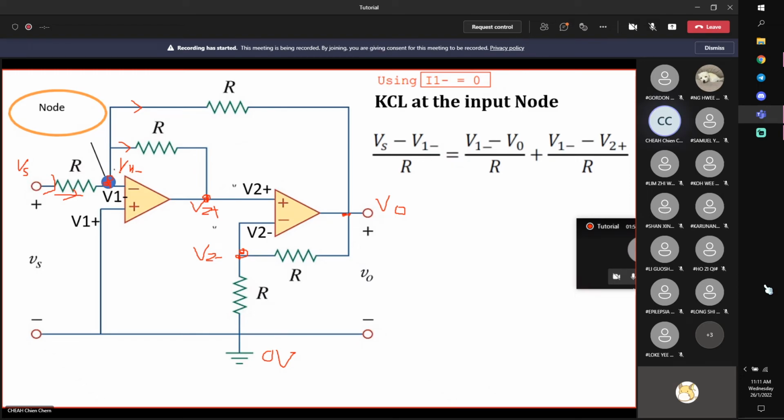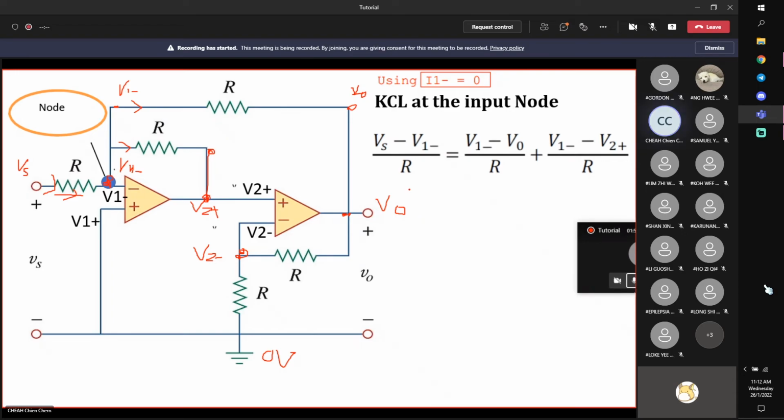One is V1 minus minus V0, the voltage across them, divided by R. Similarly, V1 minus minus V2 plus, divided by R. And this is the equation.